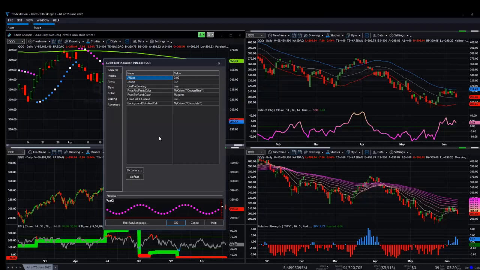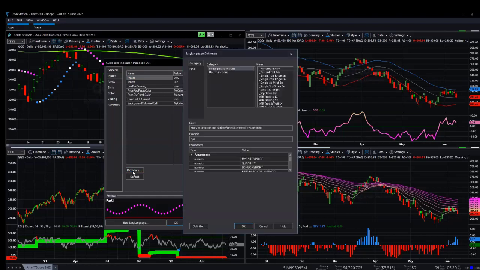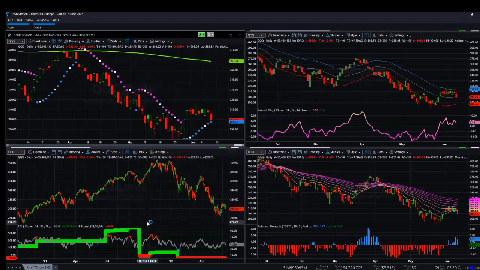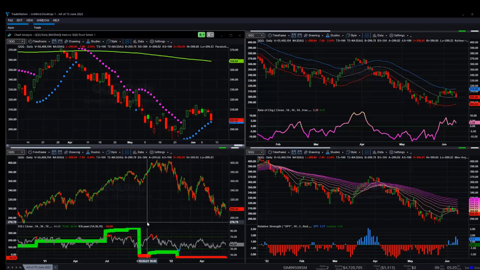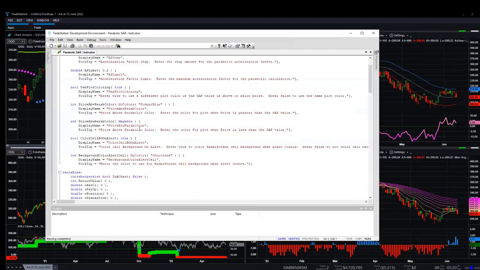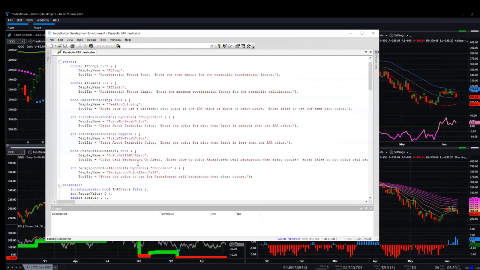One of these is the amount that it accelerates. So if you're curious about it, there's a dictionary. If you click on dictionary, it should bring up some of these explanations. Now this is not this one, but if you go to edit easy language, this is more complicated. It will explain a lot of these things to you. You can actually look at the code, and there are comments in the code explaining what the actual tools are.